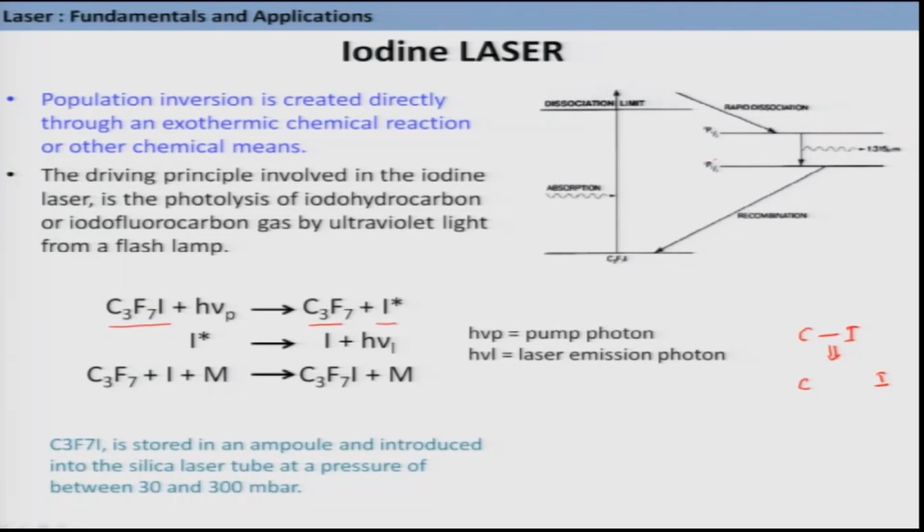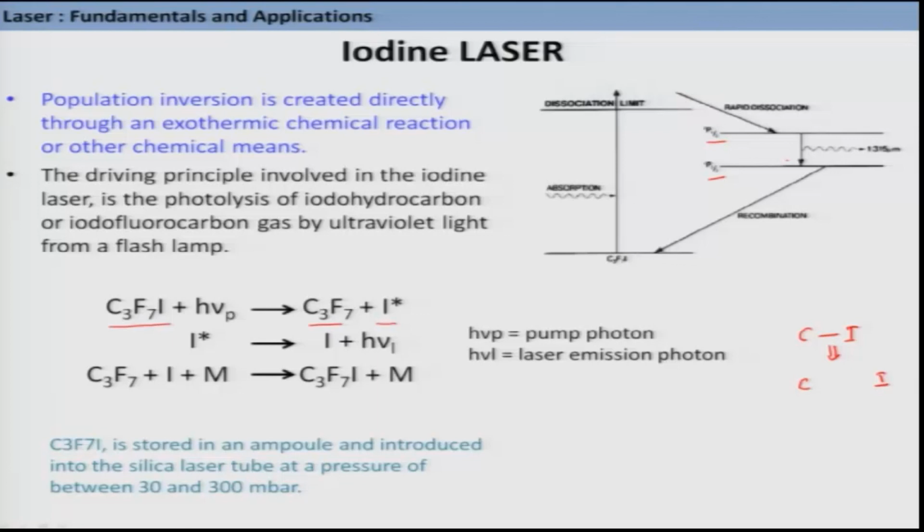Here P3/2 is the ground state, while P1/2 is the excited state. This picture is not very clear, so I apologize for that. But this is the P1/2 system, and the ground state is P3/2. Now the iodine can be produced in either of these states.